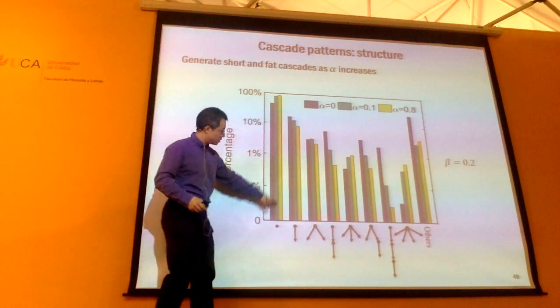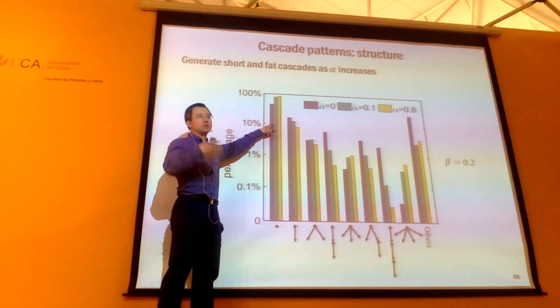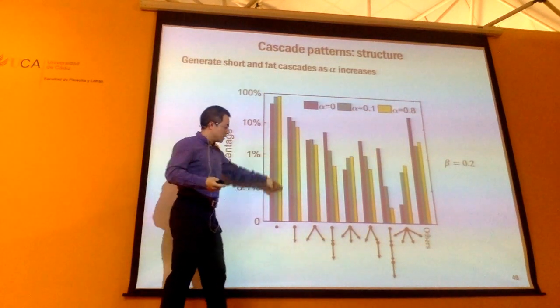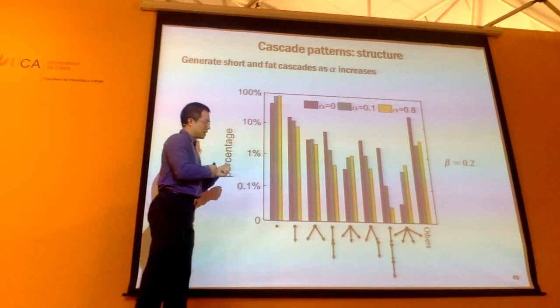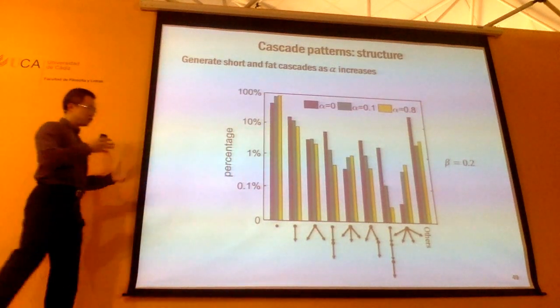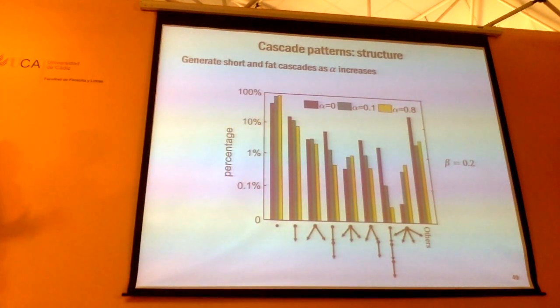Actually, this is most frequent because most of the information just didn't diffuse to other people, right? So if you go to more complicated cascades, it's just less likely to happen. Okay? You see short cascades and fat cascades instead of long cascades. You can generate this kind of realistic looking cascade, information propagation traces, just based on this model, by changing the parameter.